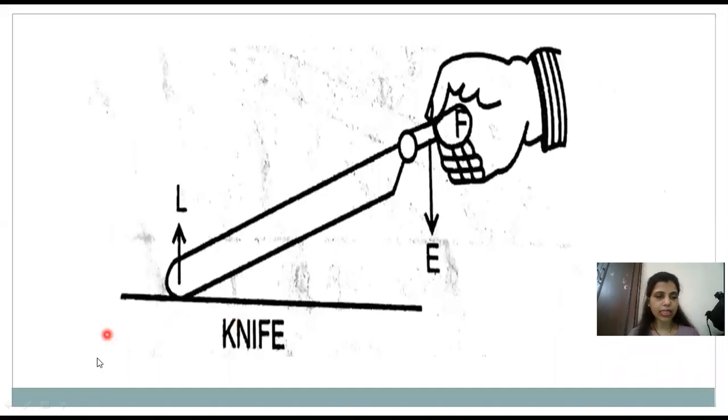You can see the load and the fulcrum position. This is the length between the fulcrum and the load, and this is the position between the fulcrum and the effort. Here also the load arm is greater than effort arm, and as load arm is greater than effort arm, MA is going to be less than 1, and that's why gain in speed.